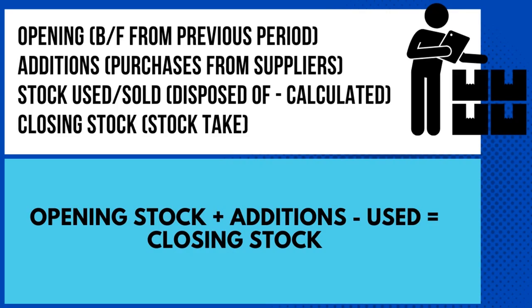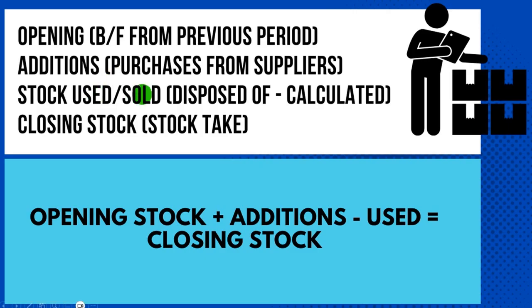They should have been allocated to a specific nominal, maybe even a purchases nominal code. It might be called purchases, a cost of sale nominal code, or some sort of stock nominal code, nominal account. That figure is going to be the additions figure. So I said nominal code because I'm used to using Sage, but it's going to be a nominal account.